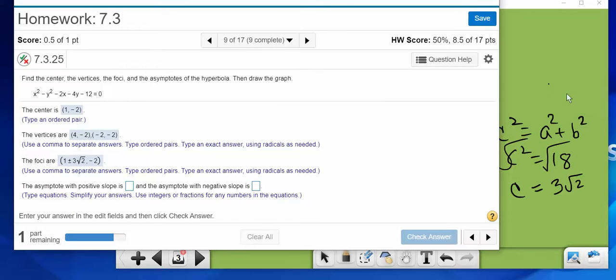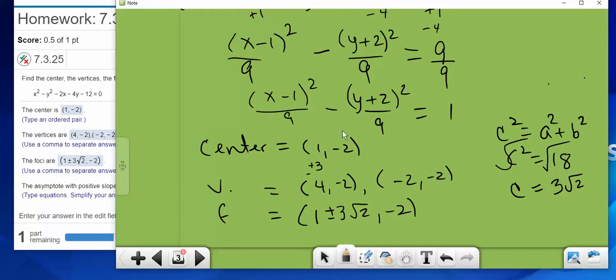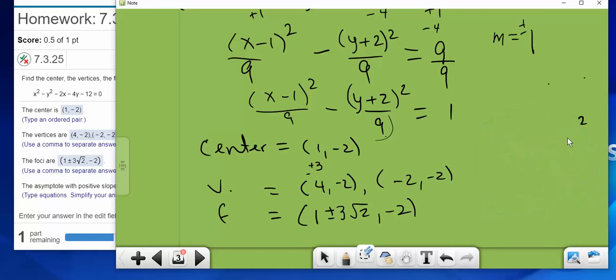Okay, and now the asymptotes. Remember, slope is change in y over change in x, so 3 over 3, which reduces to 1, plus or minus. If we use point-slope form, that's y minus y1, which in this case is plus 2, equals m, which is 1, times x minus x1, which in this case is x minus 1.